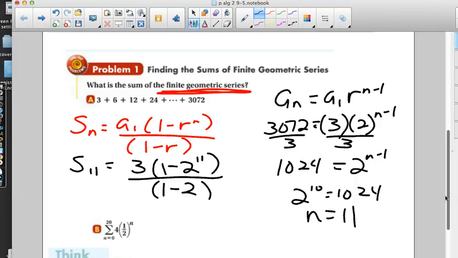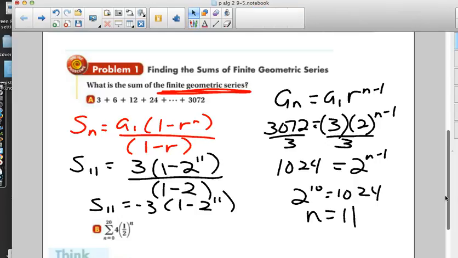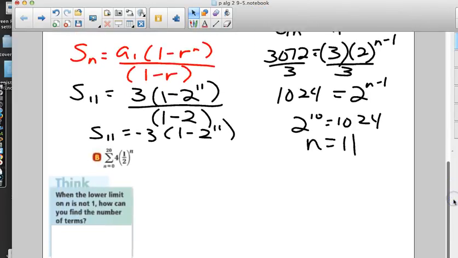So here's the best thing to do. What's 1 minus 2? -1. What's 3 divided by -1? -3. So I punch in -3 times 1 minus 2 to the 11th. It would be really hard to mess that up. And that will give us our answer.